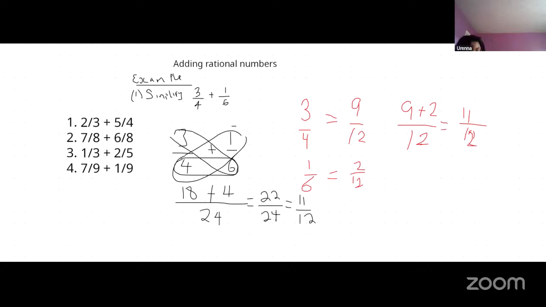Should I solve all the questions and then do it one by one, or should I do the first one and then explain it? Yeah, you can do the first one and explain on the whiteboard. Because I love it when you solve on the whiteboard, so I can actually see and understand what you solve.